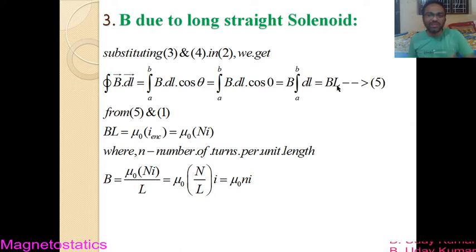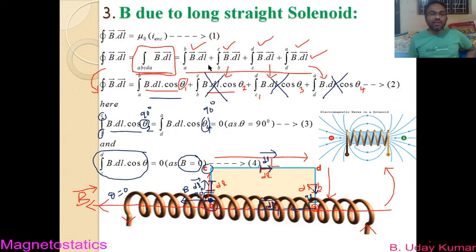You know the basic integration formulas, so substitute them. This becomes equation number 5. What is equation number 5? It is the total line integral of the magnetic field around the closed path. But what is Ampere's law? Ampere's law is given in equation 1.